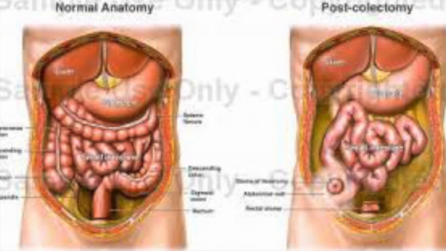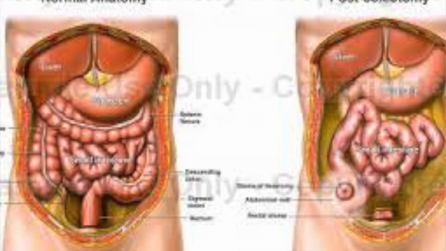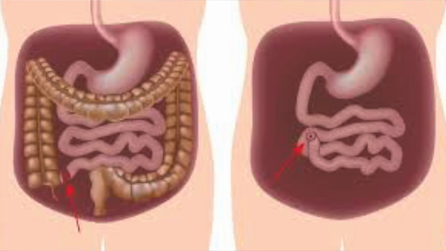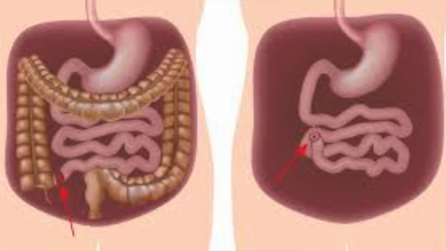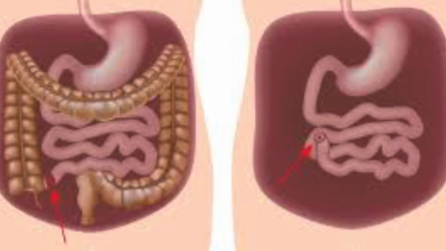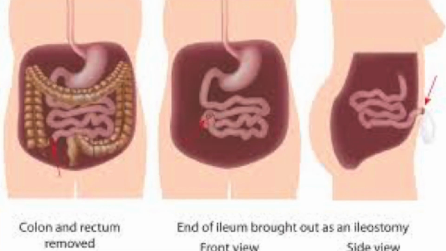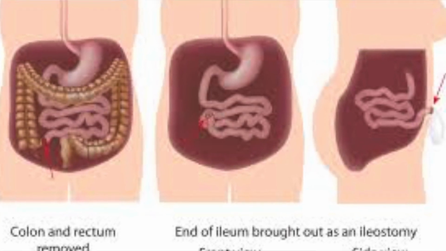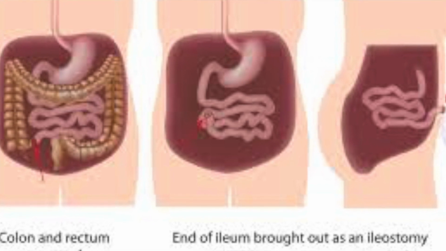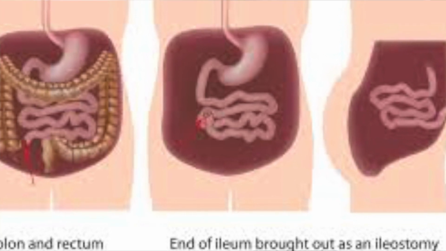All right, so with a total proctolectomy with permanent ileostomy, the procedure is a curative one that involves the removal of the entire colon. So it's the colon, the rectum, and the anus with an anal closure. And the end of the terminal ileum forms the stoma, which is located in the right lower quadrant.